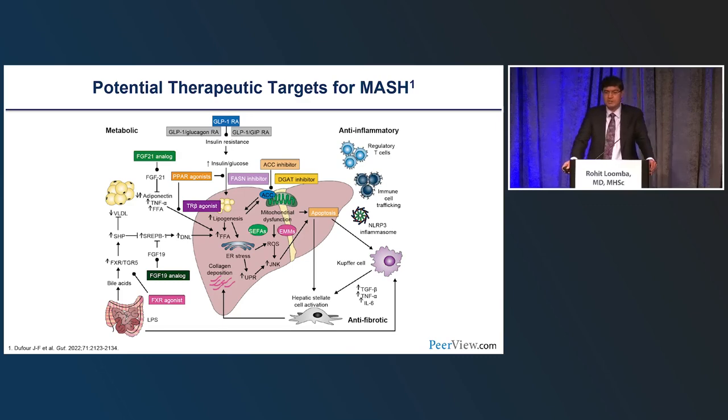Therapeutic targets that could improve these would be GLP-1 analogs that lead to improvement in body weight, leading to decreased glucose as well as decreased insulin, resulting in decreased traffic of free fatty acids coming into the liver, and therefore improvement in lipotoxicity. We also noticed that there are other therapies such as thyroid hormone beta receptor agonists that could also improve liver disease by increasing beta oxidation.